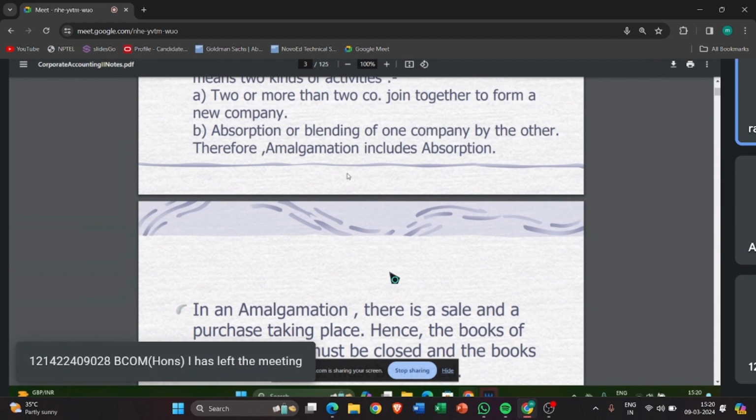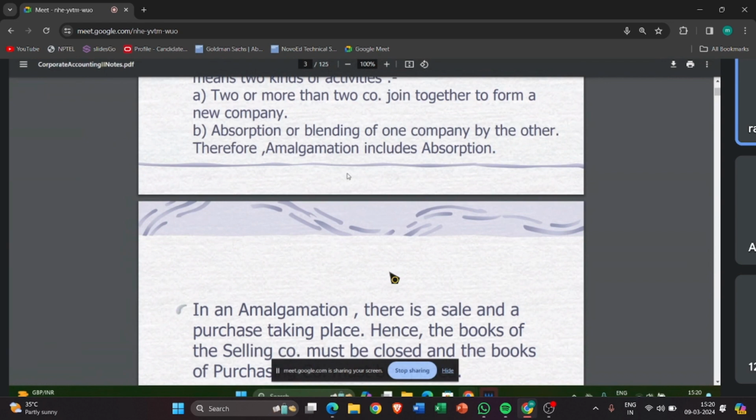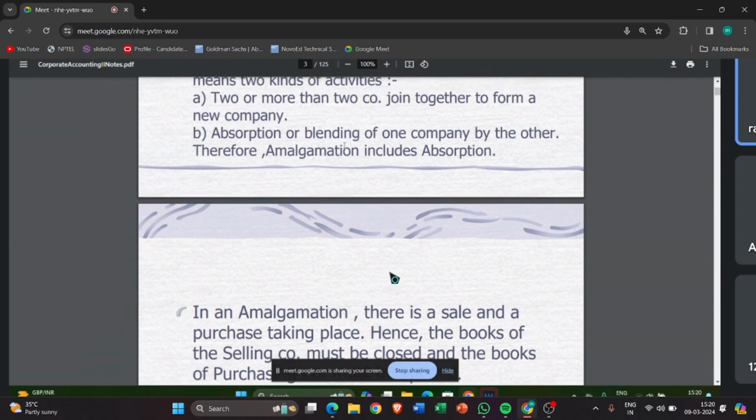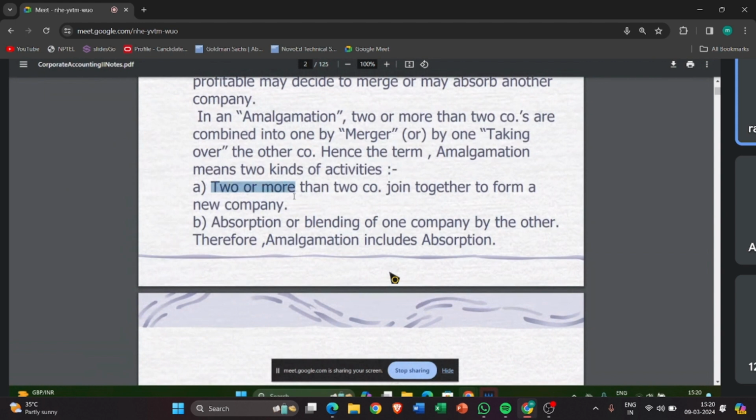So B Limited has taken over A Limited and A Limited does not exist. Which company is existing now? It is B Limited. But in the previous case, A and B both came together and joined to form a new company, which is C Limited. A and B both lose their existence and only the new company C remains.